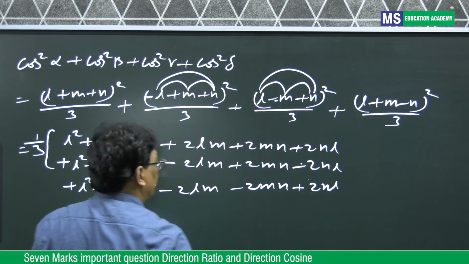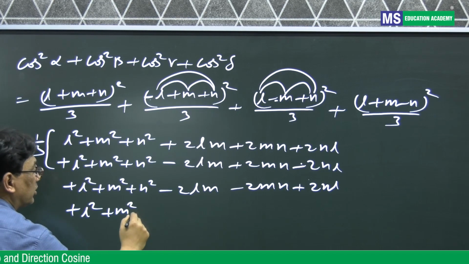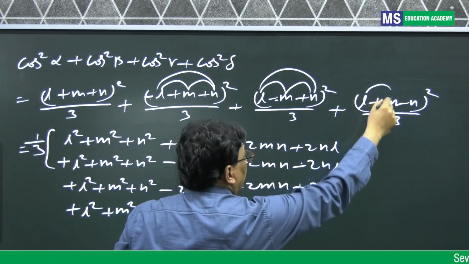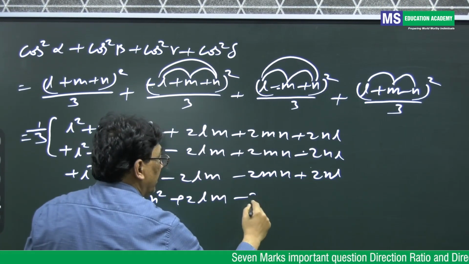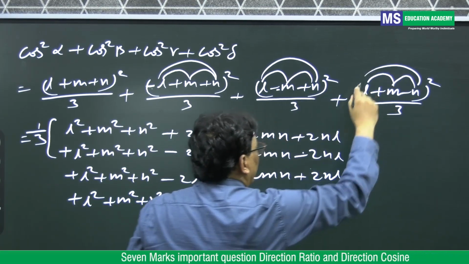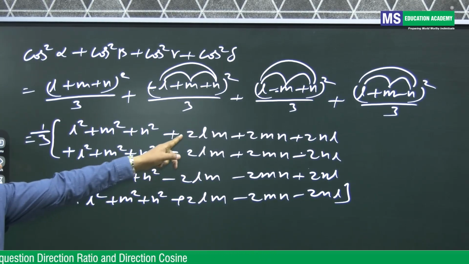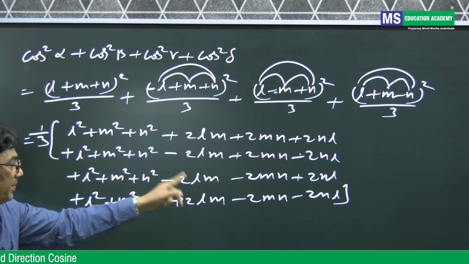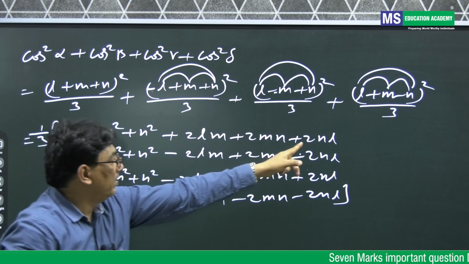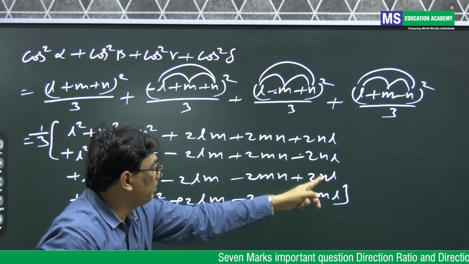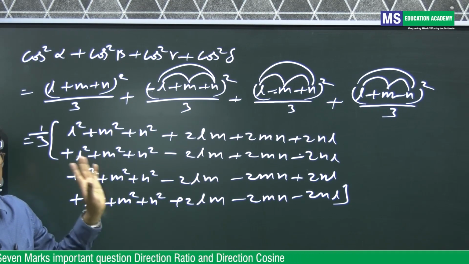Plus the fourth part: L square plus M square plus N square, plus 2LM, plus into minus minus 2MN, minus 2NL. See, in this part, if you observe, LM comes twice as plus, twice as minus. M and N, twice plus, twice minus. N and L, see, in this one, plus and plus, minus and minus. Every term comes twice plus and twice minus. Check it, they balance out there.